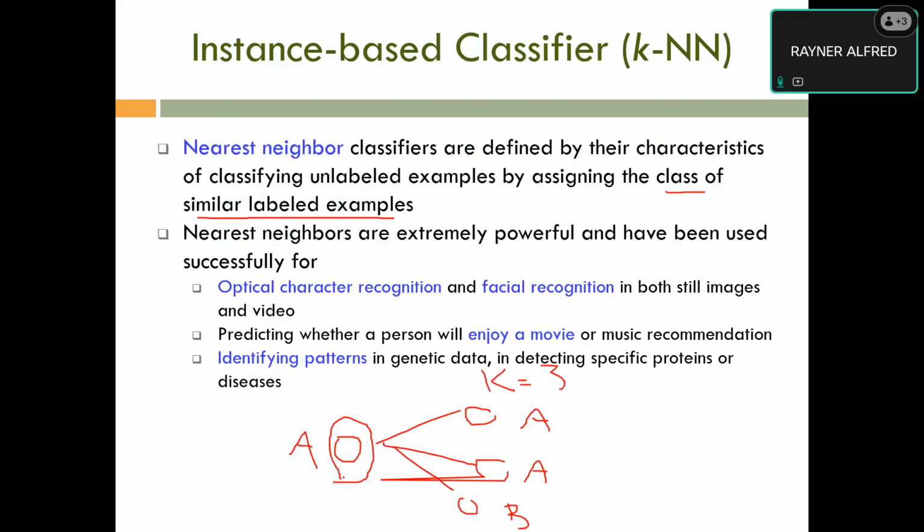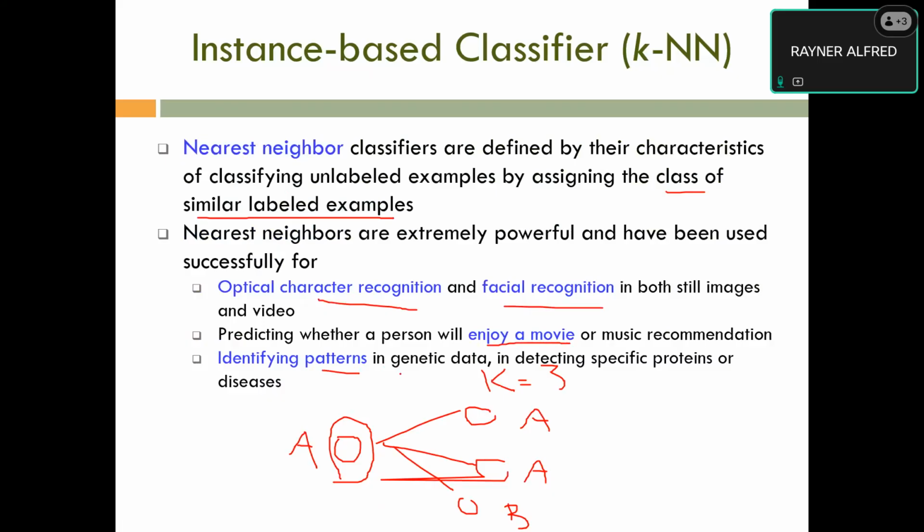Okay. So k-nearest neighbor is very powerful, but it requires a lot of computation for the distances that we need to compute. Okay, so it can be used for optical character recognition, facial recognition, music or movie recommendation, and looking at patterns in genetics.